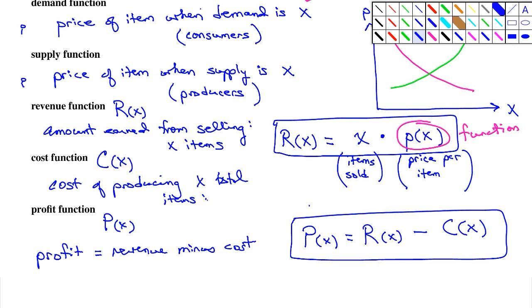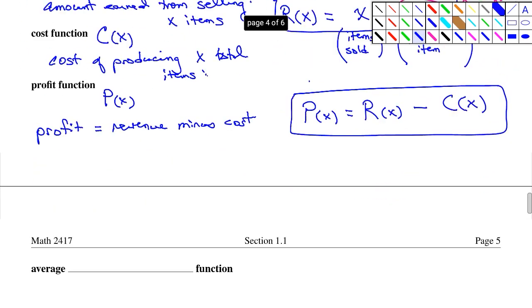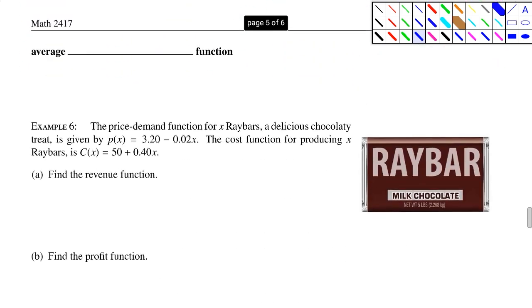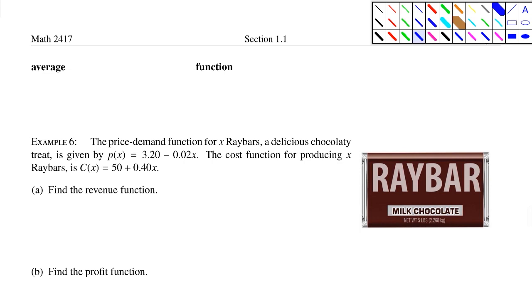And then we have one more, and that is an average blank function. I left this blank because it applies to all three of these: revenue, cost, and profit. So the average is just when you take that amount and divide it by the number of items that were used.